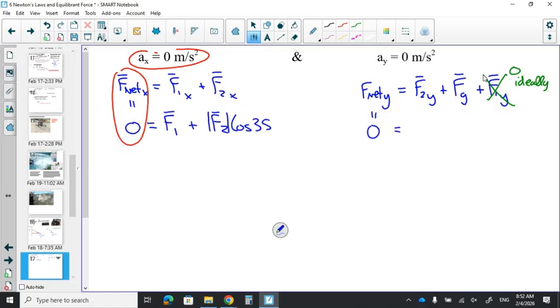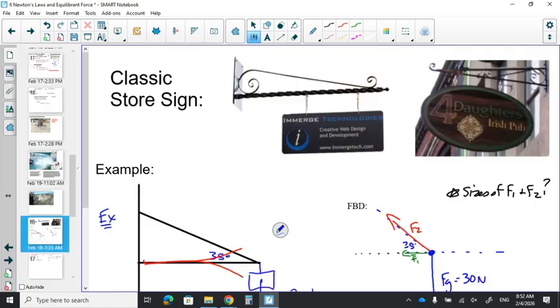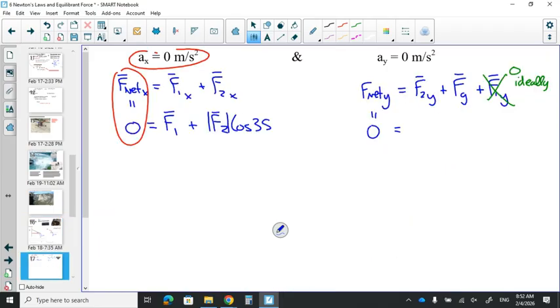stuff, right? So F2y would be a vertical component, right? So F2y would be here, opposite that 35 degrees. So we're going to do F2, absolute value of it, times sine of the 35. And then we have the gravity is going to go in as the down value.